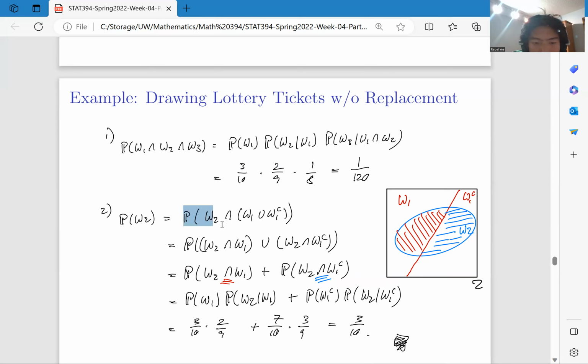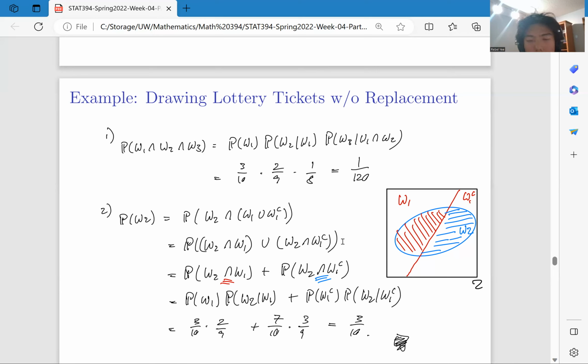the union of W1 and its complement). We separate into two cases: whether the first ticket is a winning one or not. From this step to the next, we use the distributive law, and it turns into W2 intersection W1 plus W2 intersection W1 complement.